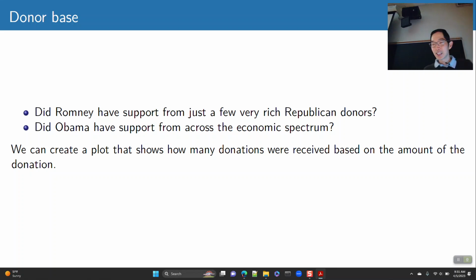This storyline has existed for many years, so do we see any kind of pattern here? Was it that Romney just had support from a few very rich Republican donors, or did Obama have support from across the economic spectrum?